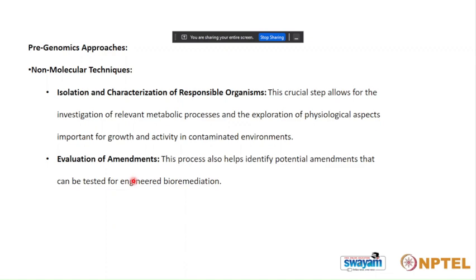So before genomic approaches, we were relying on non-molecular techniques like simple isolation and characterization, in order to identify the possible microorganisms to degrade the contaminants. These processes cannot be used for organisms which cannot be grown in laboratory scale setups.